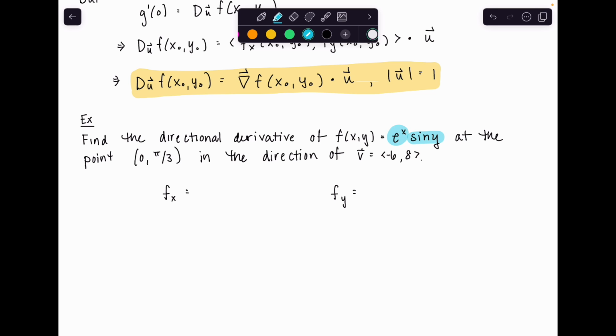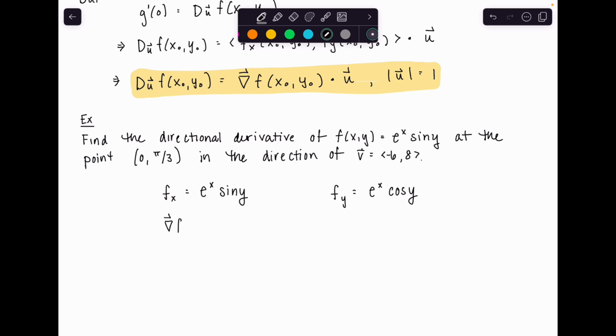Derivative of e to the x is e to the x. So the partial with respect to x is e to the x sine of y. When I take the partial with respect to y, this is a constant. Derivative of sine of y is cosine of y. So my partial with respect to y is e to the x cosine of y.